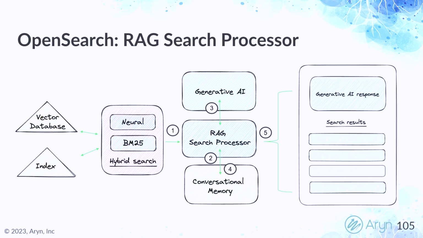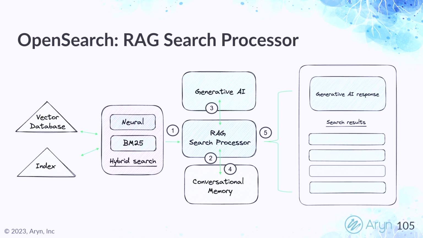Embeddings are a way of capturing the semantic information of the documents and their pieces, the chunks, the highlighted pieces that you saw, as well as term indexes that you see from Lucene, that you're familiar with every day. The idea is to combine both the results from the embeddings that you get through neural search, as well as the results that you get from BM25, which is term-based search. Combine those two things and then feed those results to the RAG search processor.